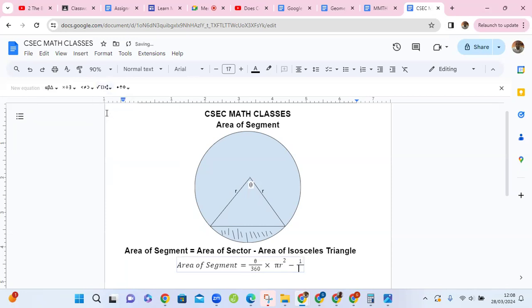So it's half times R times R, which is R squared, times sine of the angle C. The angle C happens to be theta again, because it is the angle between the two radii. So the area of the segment is theta over 360 times pi r squared minus half of r squared times sine of theta.